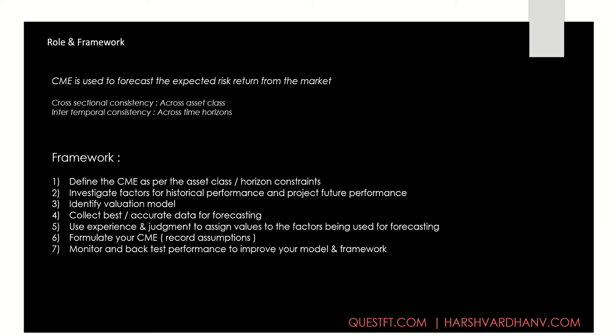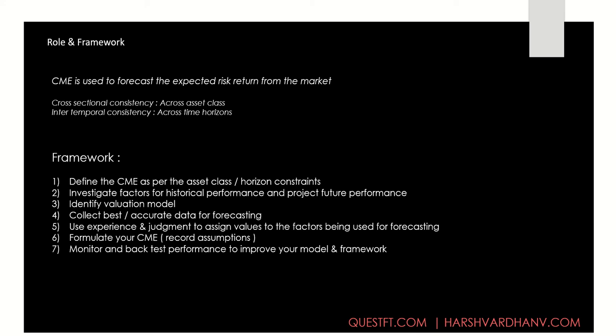There's the cross-sectional consistency and the intertemporal consistency, which means that when you're having a portfolio approach towards your investments, you should have a cross-sectional consistency. That means your risk and return expectations should be consistent across all asset classes.